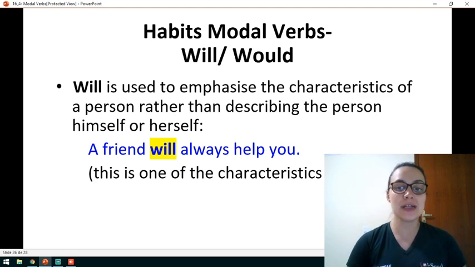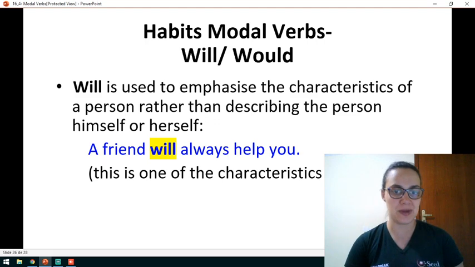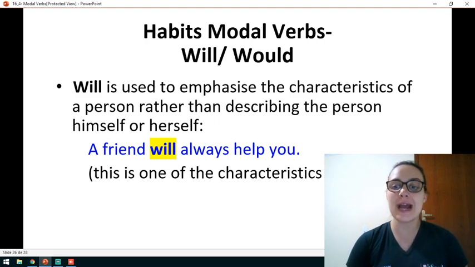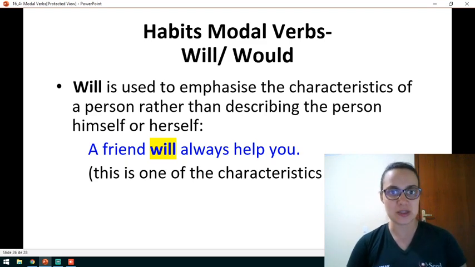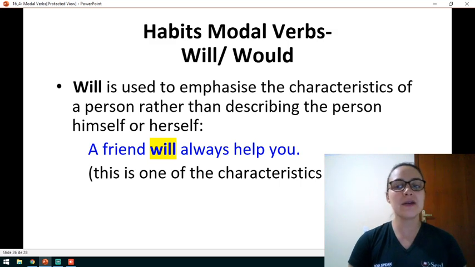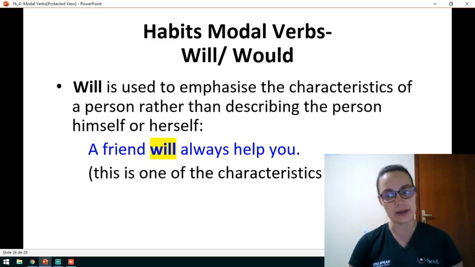So, a friend will always help you. This is one characteristic of a friend. So, if we're talking about an annoying habit, we use would. But if we're talking about a characteristic that we want to emphasize, we use will.